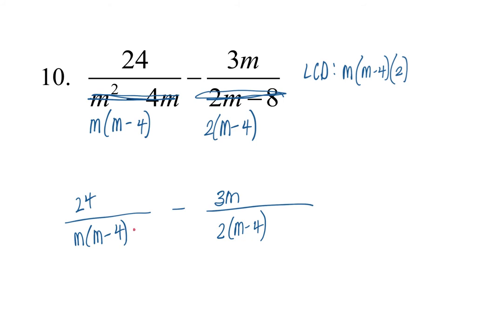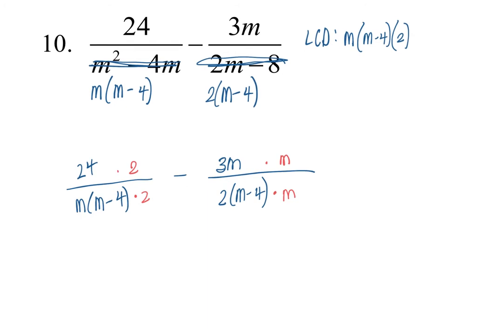So multiply it by 2 over 2. And the 2 times m minus 4 is missing an m. So multiply it by m over m. And we'll go ahead and make this one fraction.